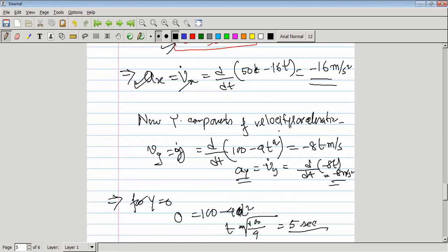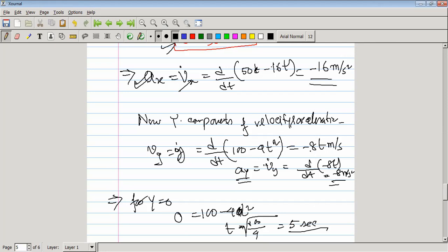Now the question said that y is equal to 100 minus 4t square. So the y component of the velocity, we can define vy, in the y direction. y is a displacement and the velocity is the derivative of the displacement, so y is given as 100 minus 4t square, and the derivative of that is the velocity in the y direction, right?